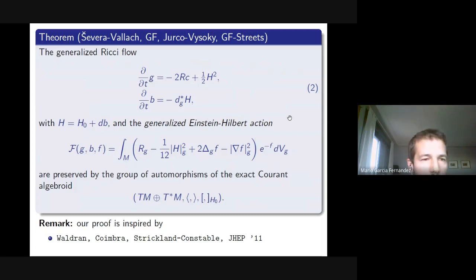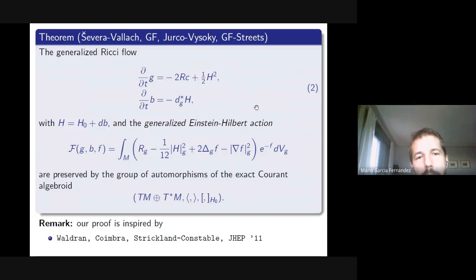The statement is that the generalized Ricci flow, as I have introduced before, with H being this flux form, and this action which appears in the sigma model that I'm going to call the generalized Einstein-Hilbert action, these two things are preserved by the group of automorphisms of the exact Courant algebroid.